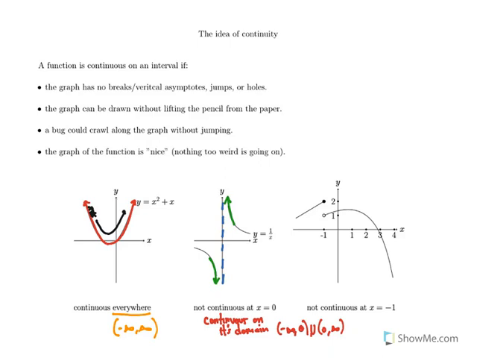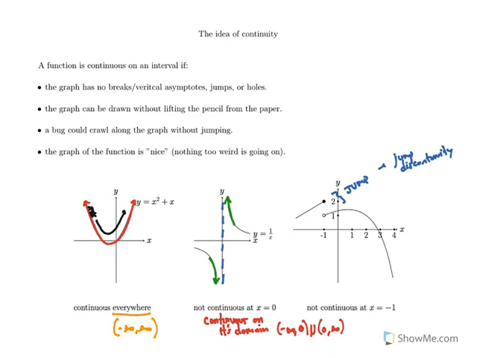The last example here is not continuous at x equals -1 because we have a jump here. And this is called a jump discontinuity. Discontinuity is something where the function is not continuous.